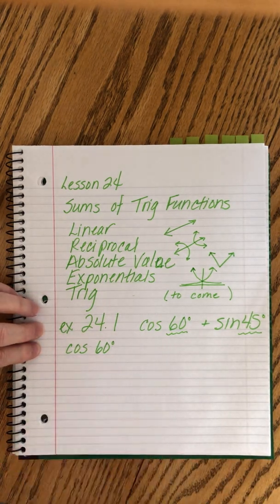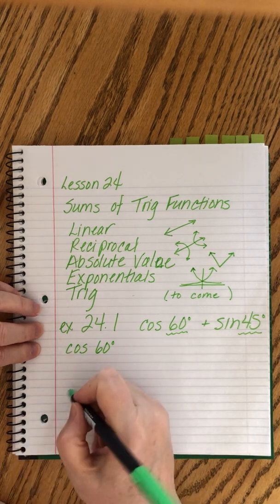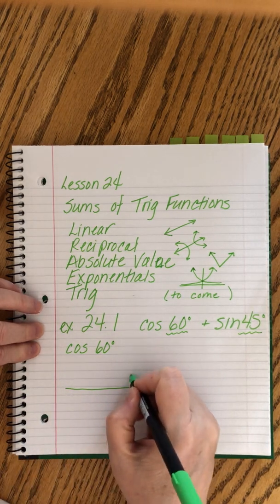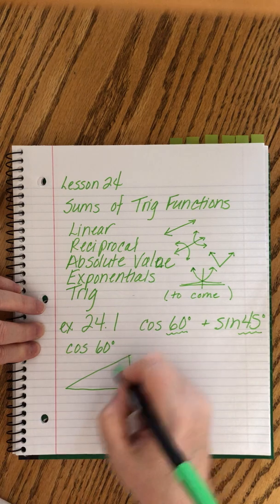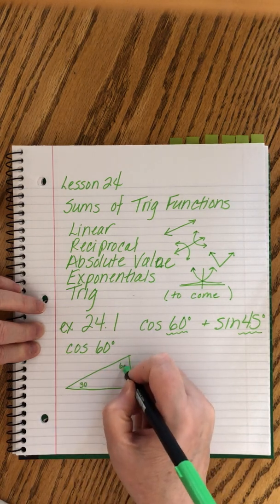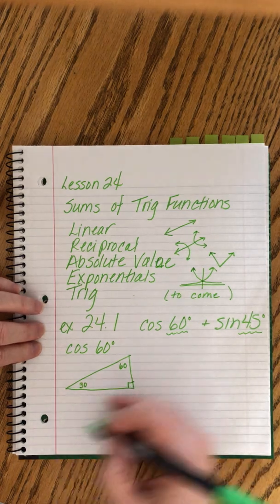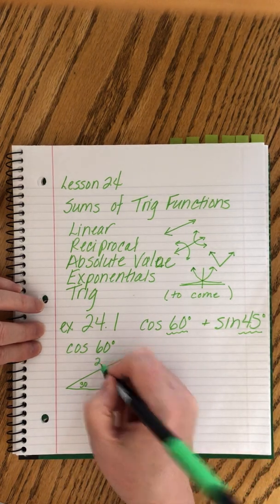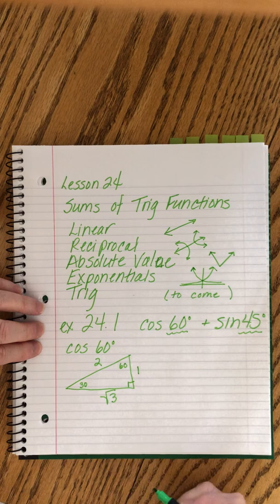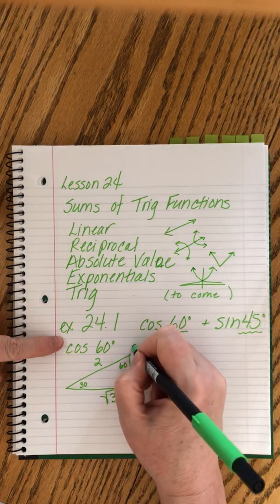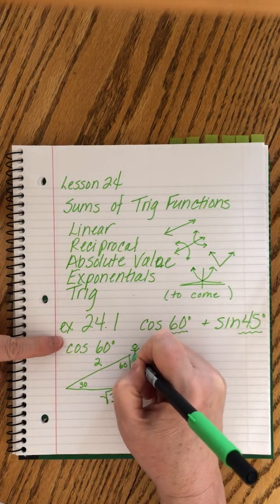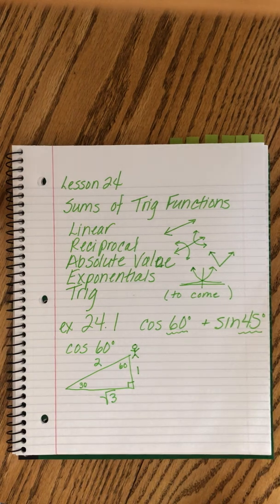Now let's see. I normally draw the triangle like this, so I'm going to draw it the way I always draw it. The 30 is here, the 60 is here, that's the 90. It used to be like this, and I chopped it. So this side is 1, this is 2, that makes this square root of 3. But I want the cosine of 60 degrees, so I'm standing up here, right?